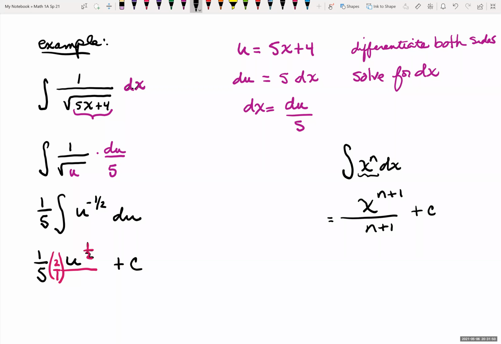And then we can rewrite this. So 1/5 times 2 is 2/5. I can rewrite the 1/2 power as a square root, but we want to replace what u is. u was 5x plus 4. So we want this in terms of x, not u, plus c.